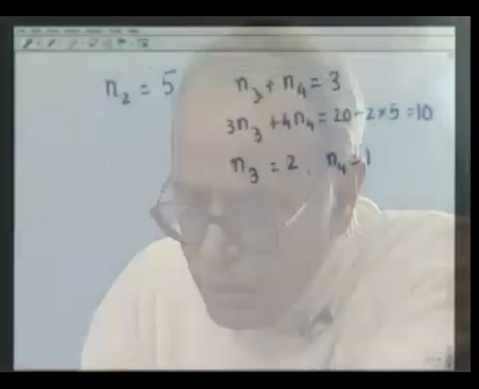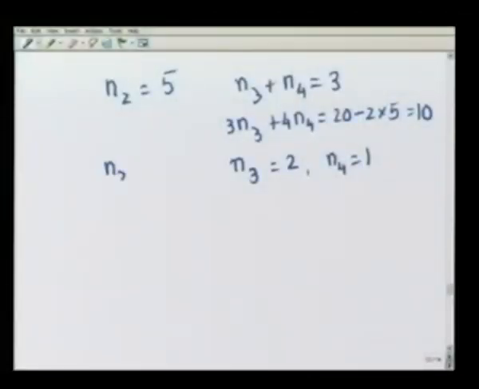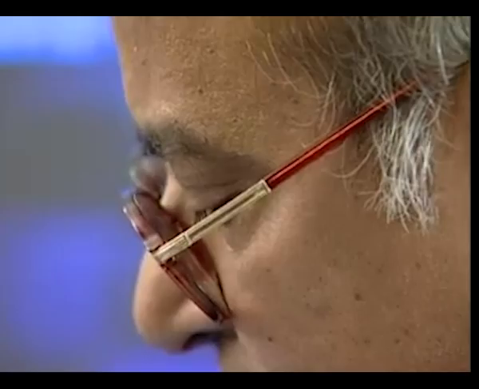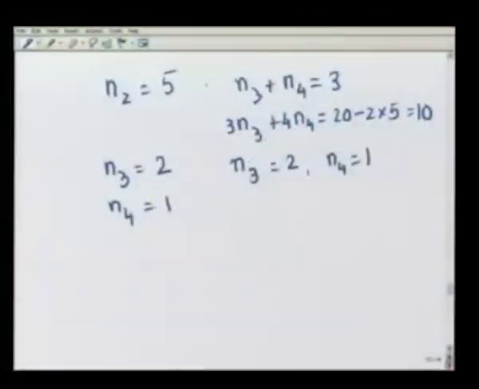Thus, we can also have an 8-link mechanism with 5 binary links, 2 ternary links and 1 quaternary link. Similarly, if we take n2 equal to 6, one can easily find that we will get n3 equal to 0 and n4 equal to 2.